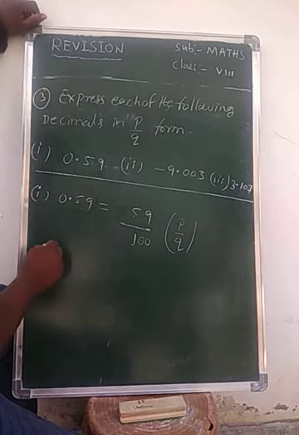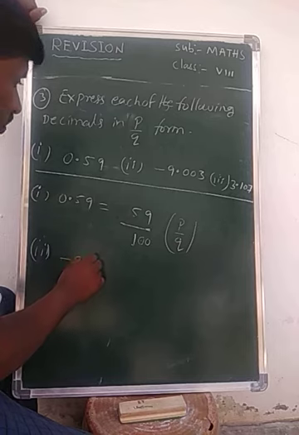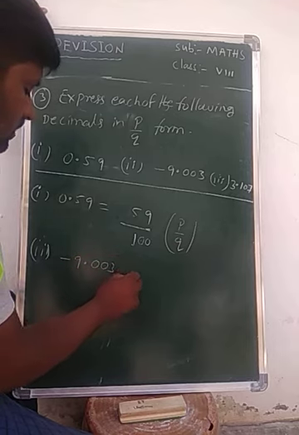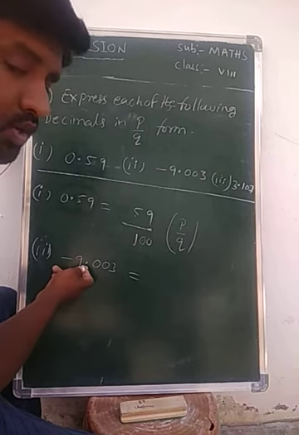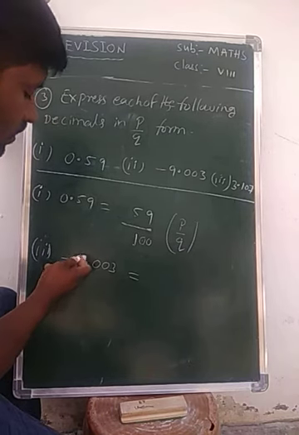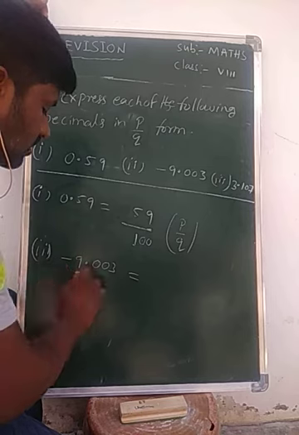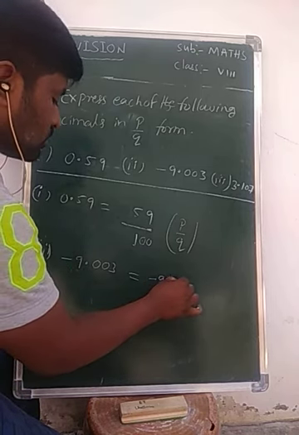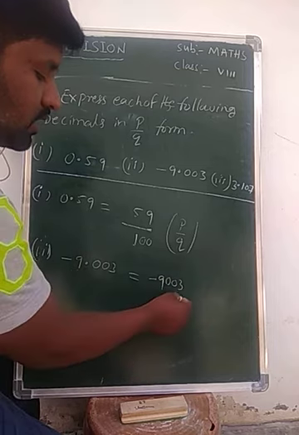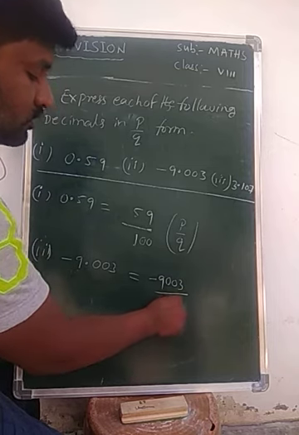The next one, minus 9.003. The same procedure as usual. There is no point, just write all the digits. That is minus 9003. Yes, you write the denominator as 1.